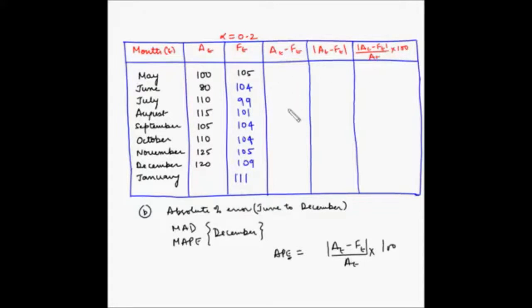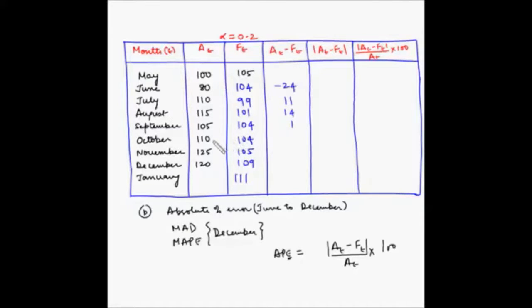Now we have to calculate these from June to December. So for June, AT minus FT is minus 24. For July, 110 minus 99, which is 11. August, 115 minus 101, it is 14. September, 105 minus 104, which is 1.